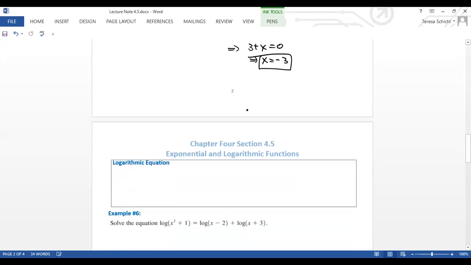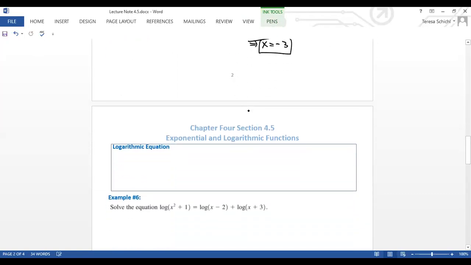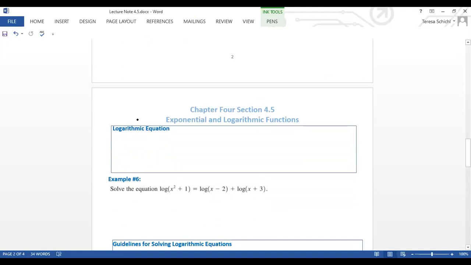Okay, so now let's take a look at what logarithm equations are, right? So logarithmic equations.